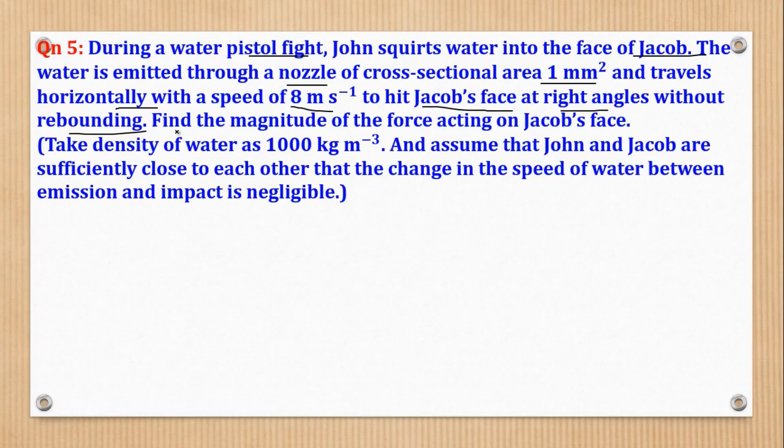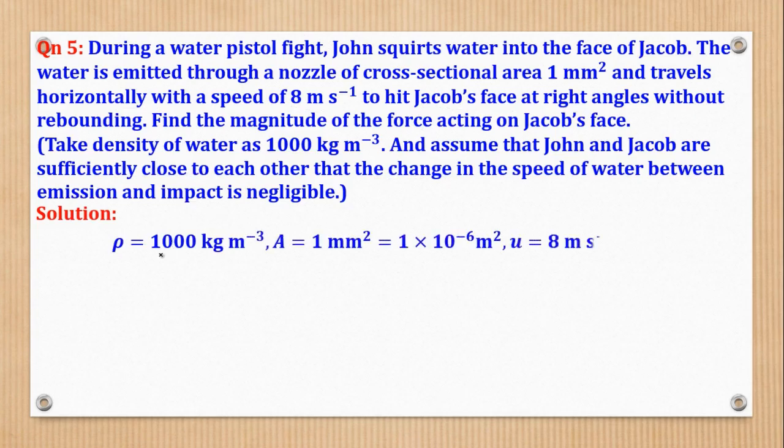Find the magnitude of the force acting on Jacob's face. Then in brackets they tell us to take the density of water as that and assume that John and Jacob are sufficiently close to each other that the change in speed of water between emission and impact is negligible.